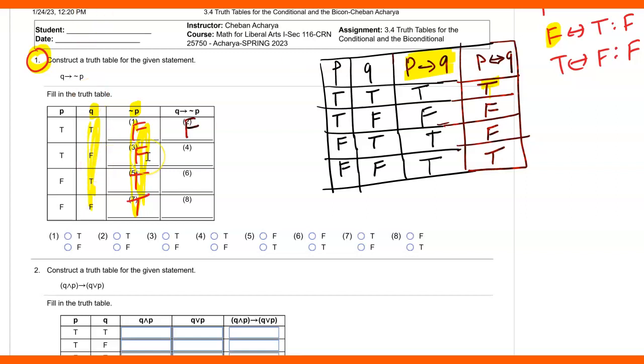F right arrow F is going to be true, T right arrow T is T, false right arrow T is T. For the last column we look at the second column and third column and go this way: T right arrow F, which is F, and so on. That is the truth table for the statement Q right arrow not P.